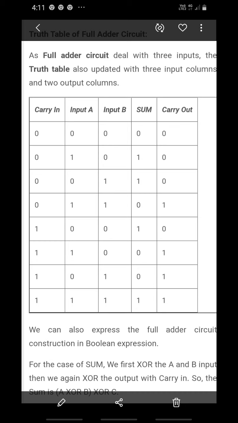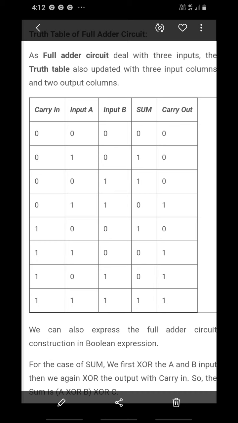So take here input 0 0, then 0 plus 0 is 0, and carry also 0. Then take inputs 1 0, carry 0, and 0 plus 0 is 0.